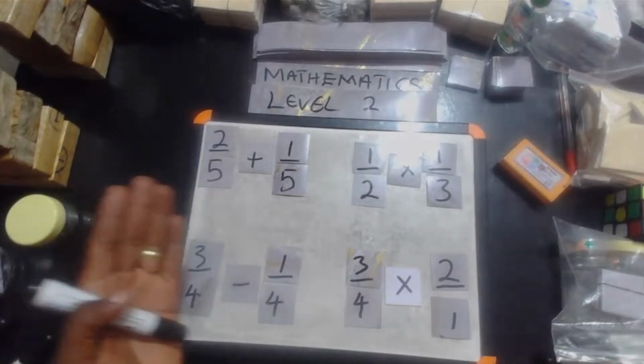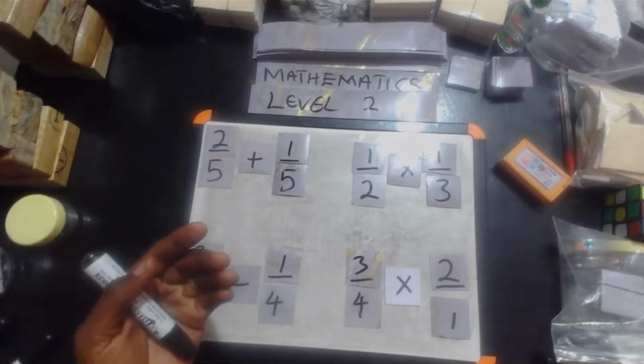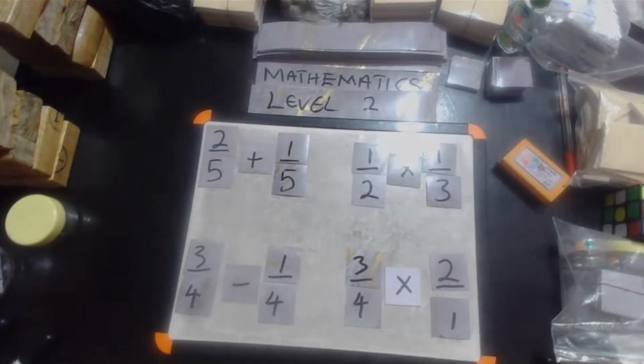Perform the following operations, show working and simplify your answers. It's similar to level 1. It's a routine application of the skill. So it doesn't change. Level 2 is similar to level 1. And then let's go on to level 3 to see something more interesting.